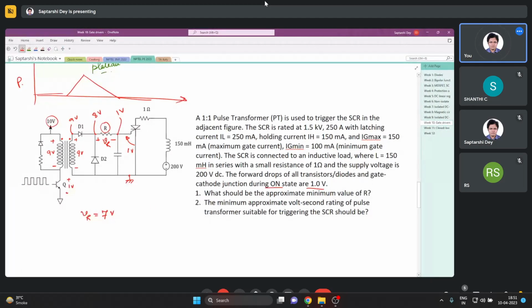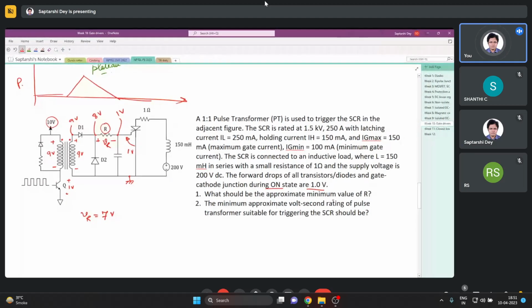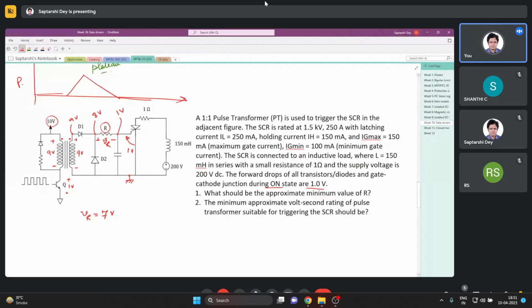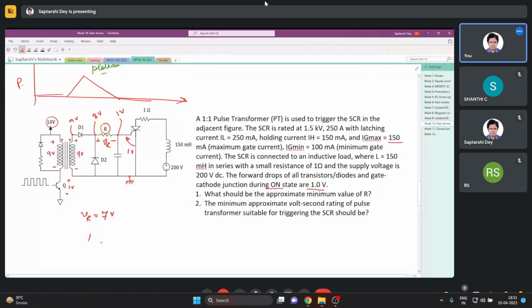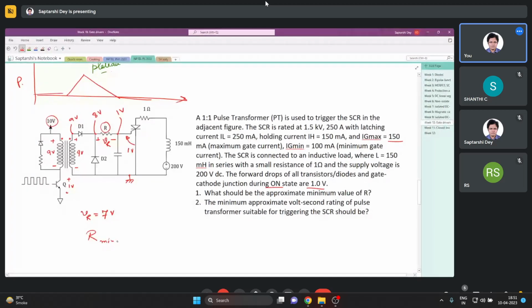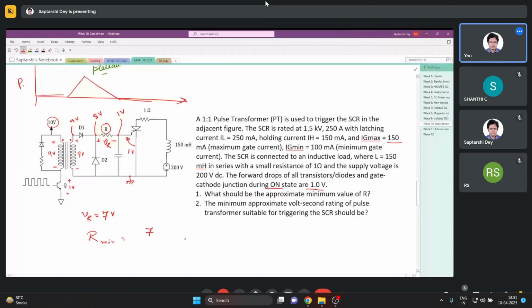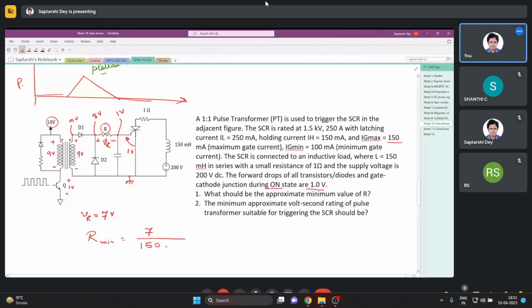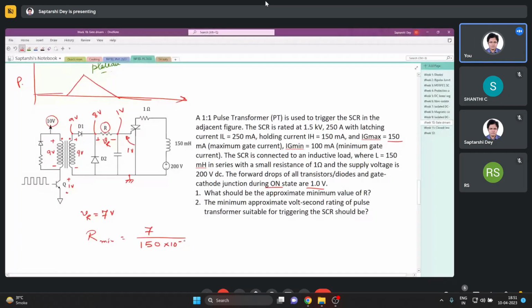Now, they are saying minimum value of R. Minimum value of R means that should be allowing the maximum gate current, which is 150 milliampere. So R min should be 7 by 150 times 10 to the power minus 3. And how much is it?